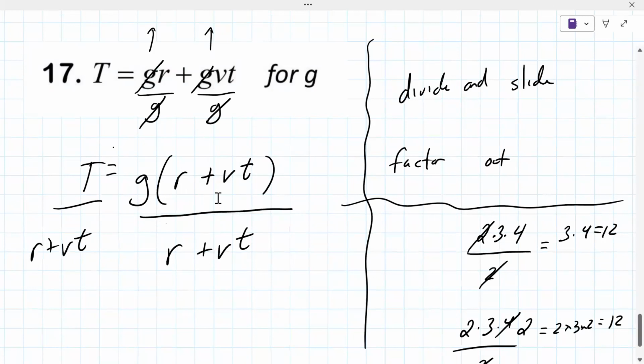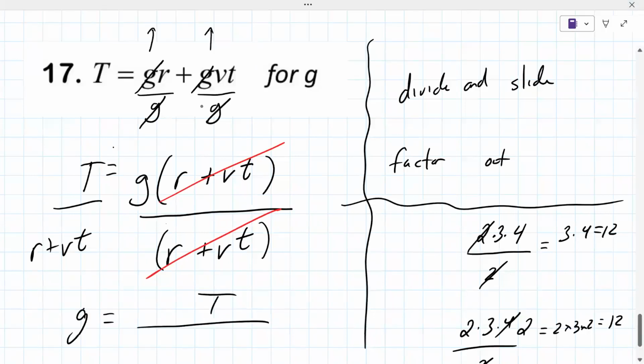You divide by everything inside the parentheses, because that is what cancels. Got it. So again, it doesn't mean anything, but P divided by R plus VT is your final answer.